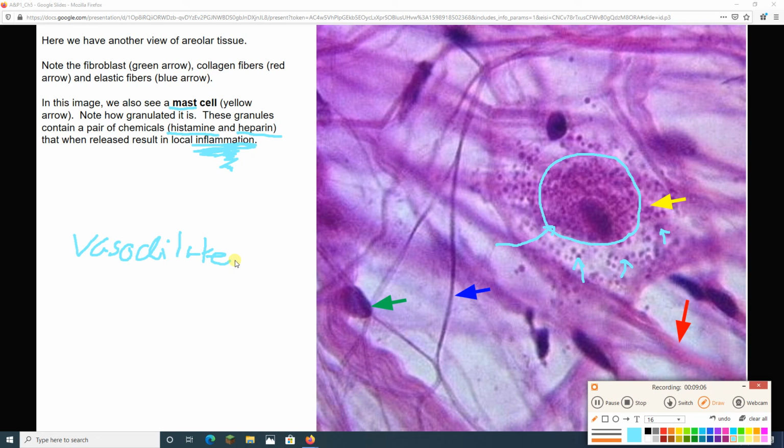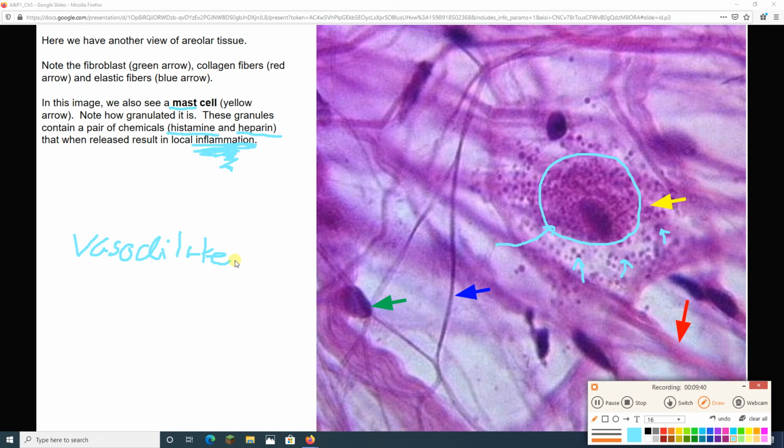Think about it, you have epithelium on your outside, your skin, lining your oral cavity, lining the tubes that run through your bodies. I'm talking digestive tract, repro tract, urinary tract, respiratory tract. You damage those because they're exposed to things. When you damage them, you need inflammation. So the supporting connective tissue has mast cells which are going to facilitate that inflammation.